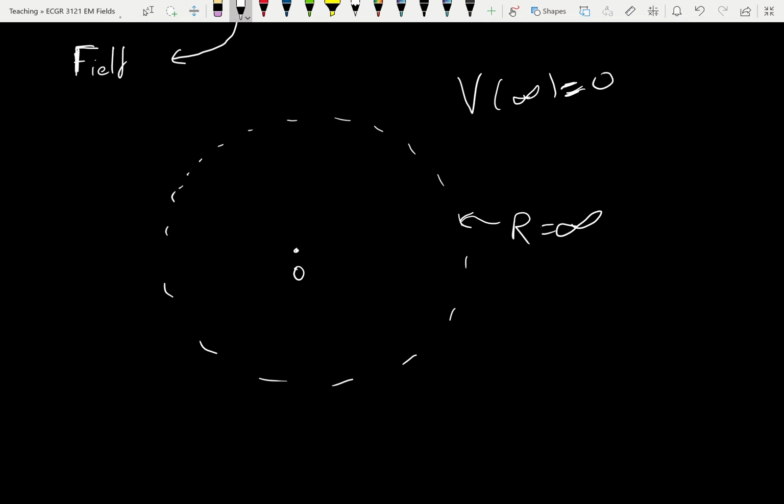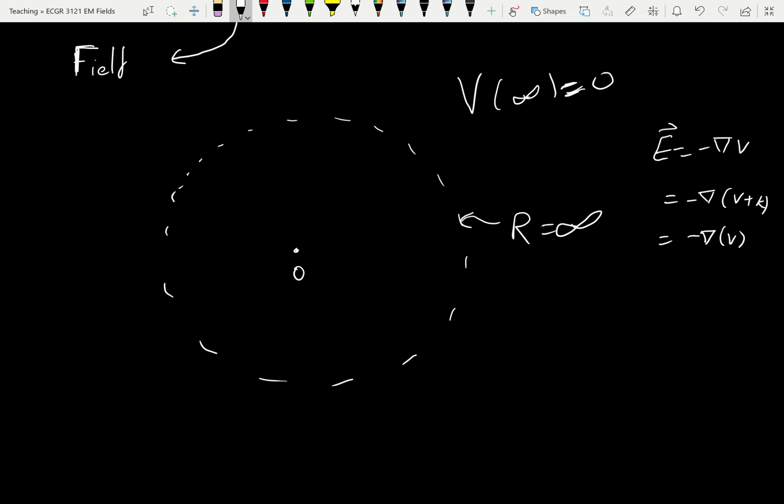We can see this from the definition: it's minus grad V, and if I take minus grad of V plus K, where K is a constant, grad K is 0, so it'll be the same. Nothing will change. So even if the voltage at infinity for some problems is not 0, I can always add a constant to make it 0. I can always assume the voltage at infinity to be 0.